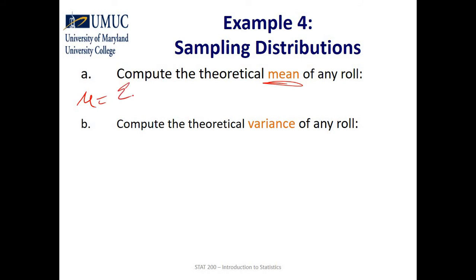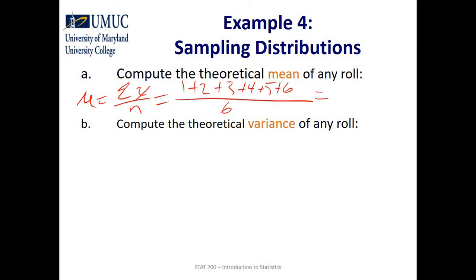So mu is equal to the summation of x divided by n. Okay, so we're going to have 1 plus 2 plus 3 plus 4 plus 5 plus 6 divided by 6.